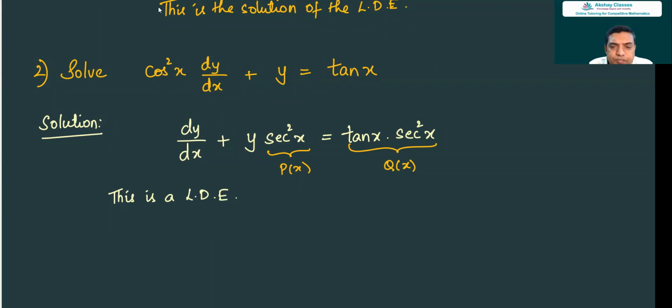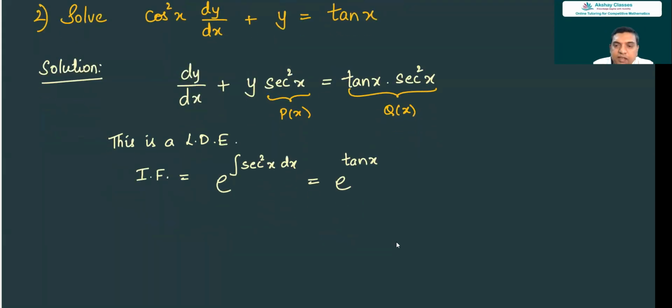Now the integrating factor is e^(∫sec²x dx). So the integral of sec²x is tan x. So e^(tan x) is the integrating factor.